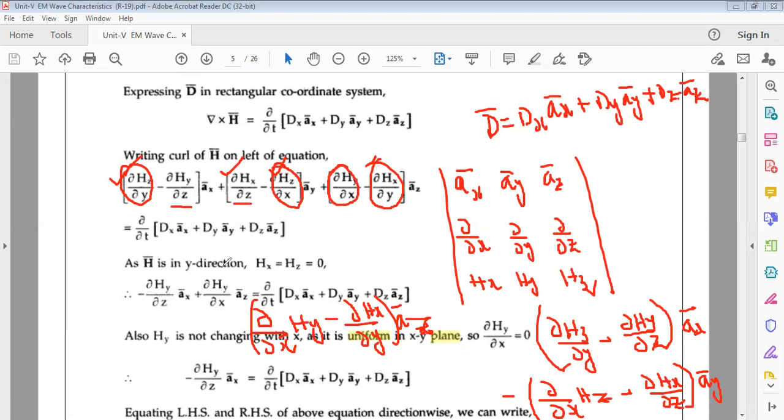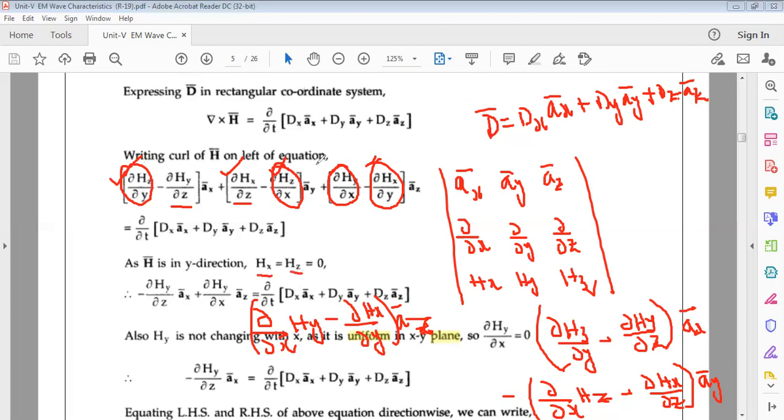So as H bar is in the y direction, Hx and Hz are equal to 0. We are saying that it is not varying with respect to x and y also. H is in the y direction and E is in the x direction.